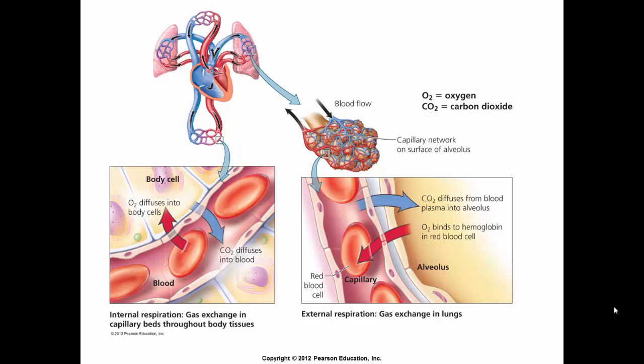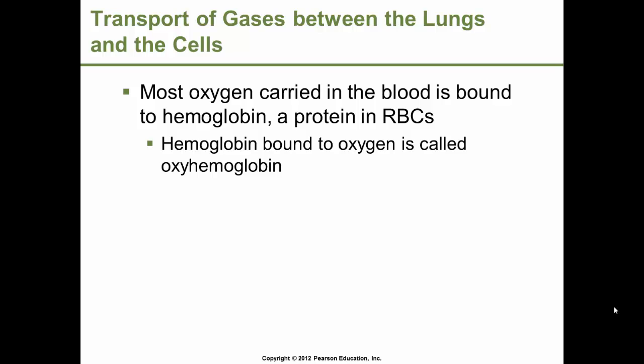And external respiration is going to be that gas exchange in the lungs. Most oxygen carried in the blood is bound to hemoglobin, the protein in red blood cells. Oxyhemoglobin is the term given to the molecule when hemoglobin is bound to oxygen.